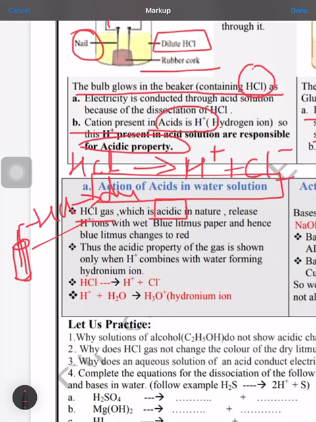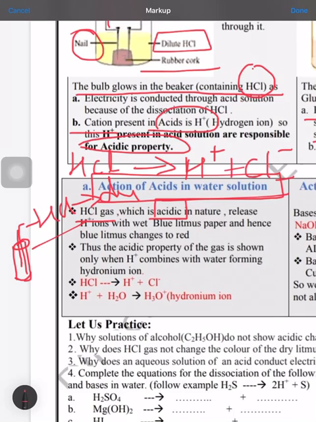And when we bring the moist litmus paper, it changes color. So it proves that HCl gets dissociated into H+ ions and Cl- ions only in the presence of water. So this is to be remembered: the action of acid in water solution. That's why we can say that acids get dissociated only in the presence of water.